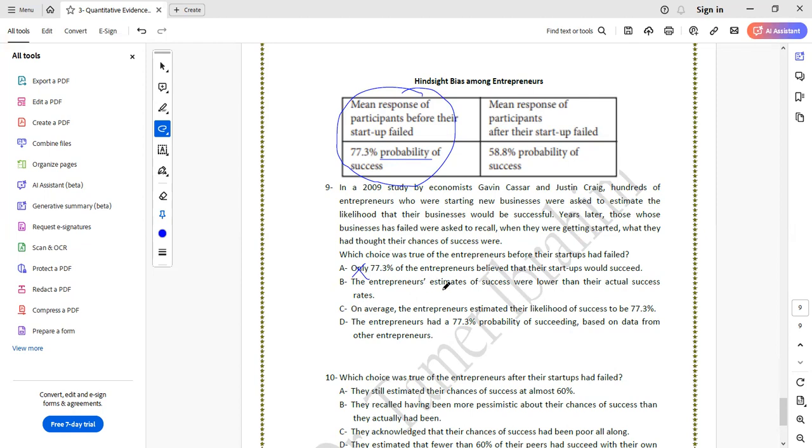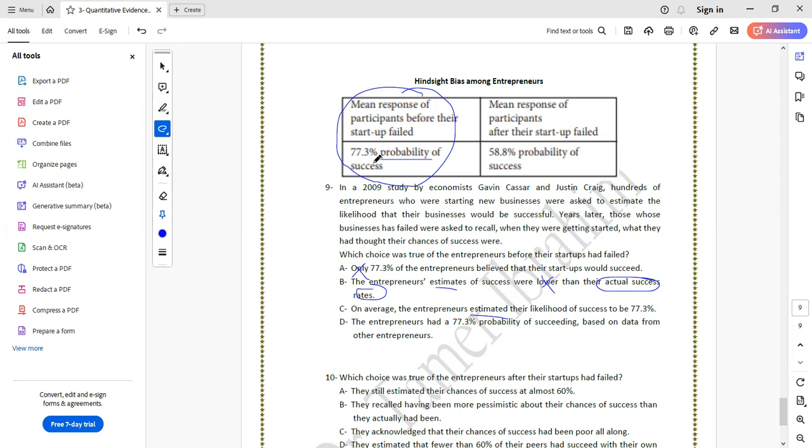The entrepreneur's estimates of success were lower than their actual success rate. I don't know actually. It wasn't mentioned what their actual success rate was. So I don't know if it's lower or bigger. On average, the entrepreneur estimated their likelihood of success to be 77.3.